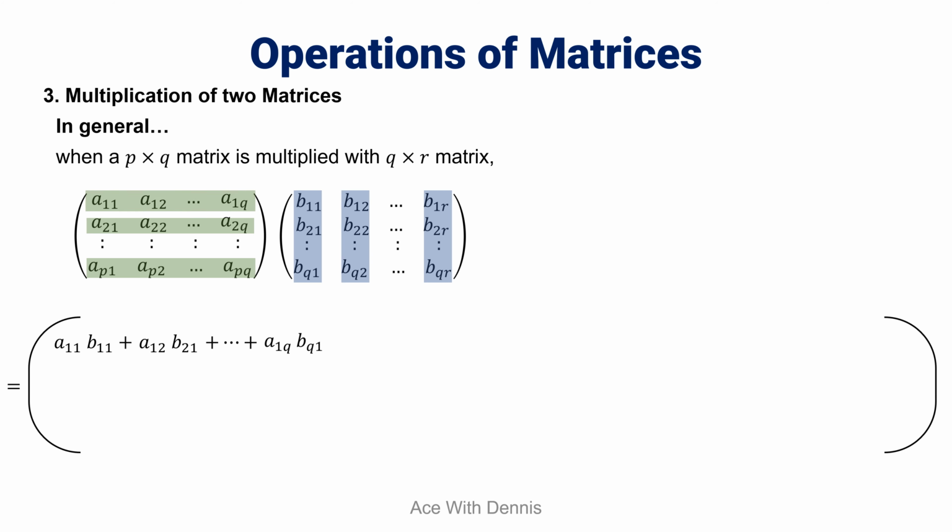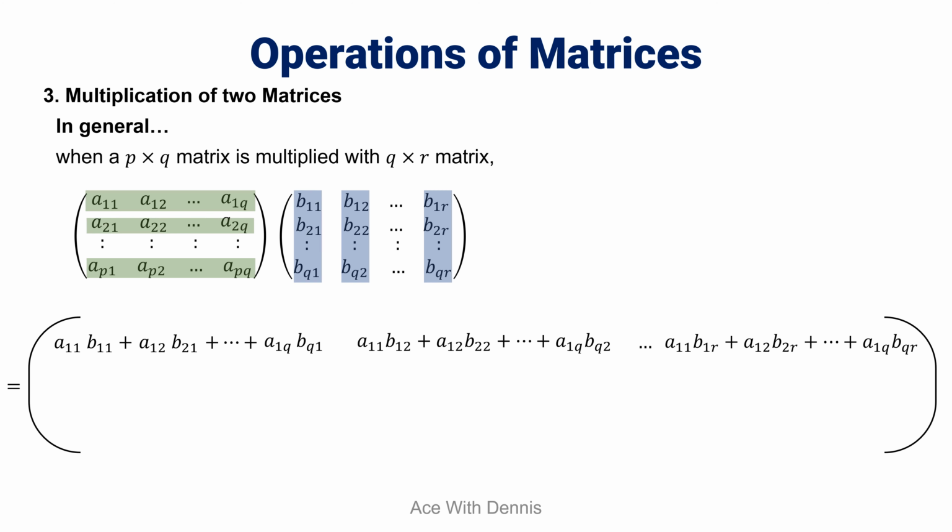Next, we follow the next element, which is A11 B12 plus A12 times B22 plus all the way to the last term, A1Q BQ2. We continue the process until the last column, where it is A11 B1R plus A12 B2R plus all the way to the last term, A1Q BQR.